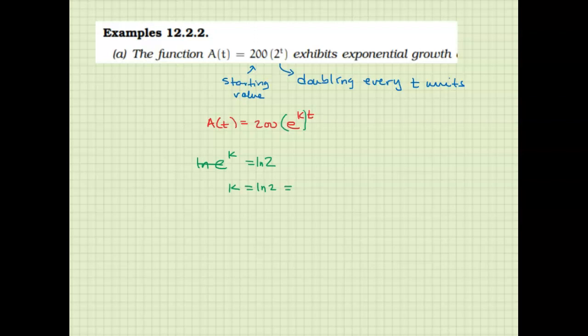Okay, let's do that in the calculator. So log of 2 is 0.69315. Okay, so A to the t is 200 e to the 0.69315 t.